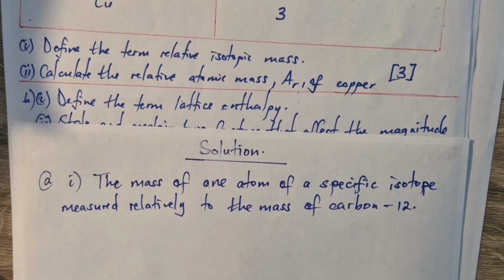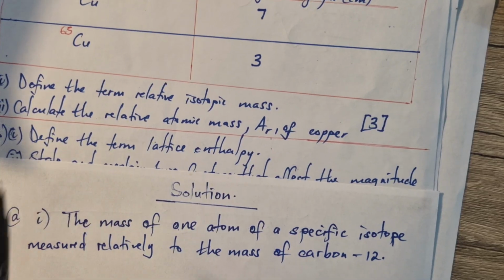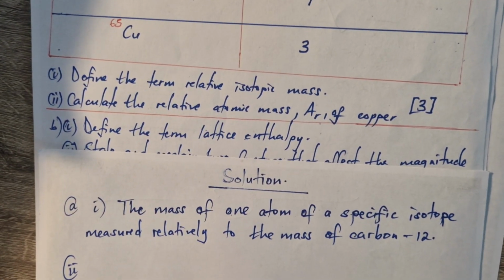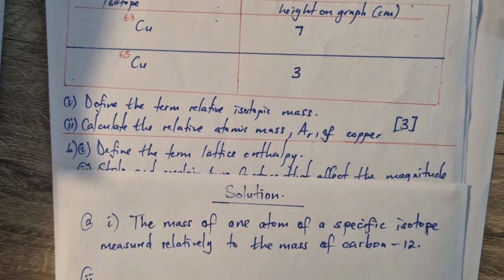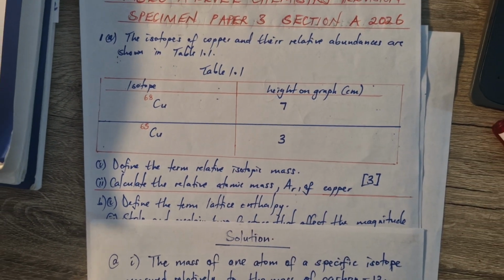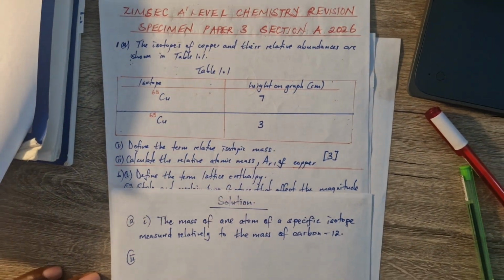So the second thing we have to calculate, which is part 2, is the relative atomic mass, which is Ar, of copper, from this table shown in 1.1.